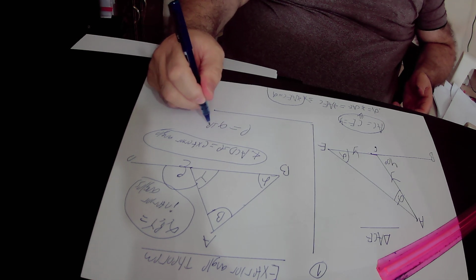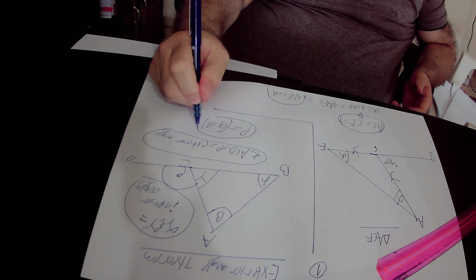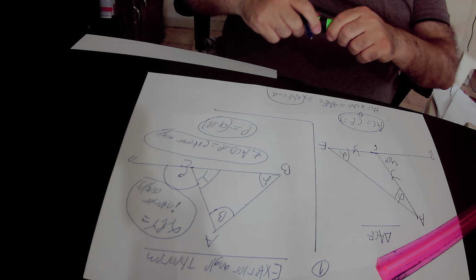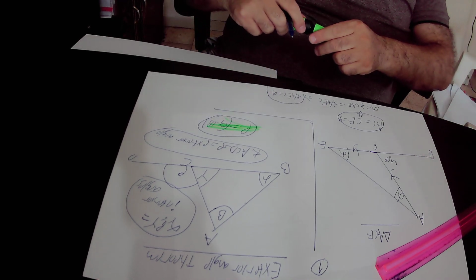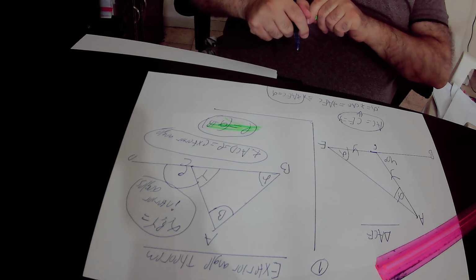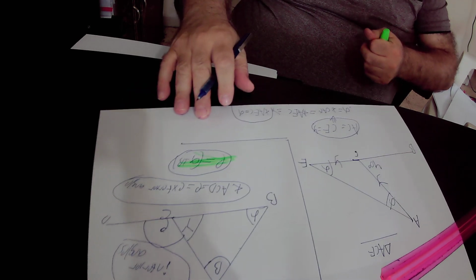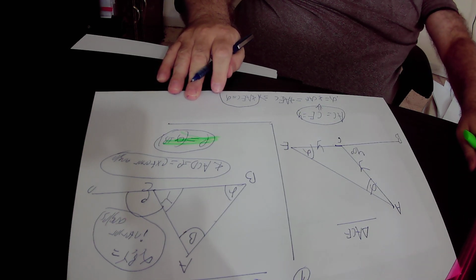So in conclusion, the size of the exterior angle E is equal to alpha plus beta. So this is the exterior angle theorem. Actually, it tells us the size of an exterior angle of a triangle.